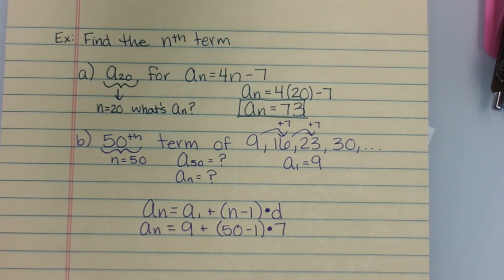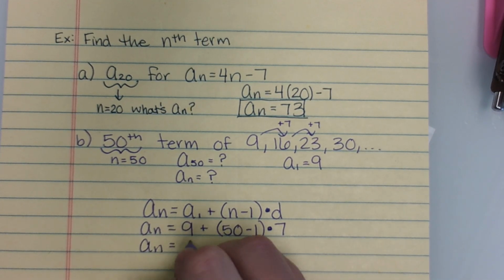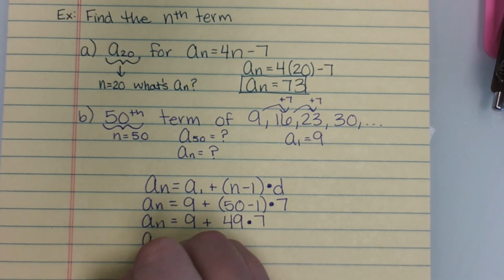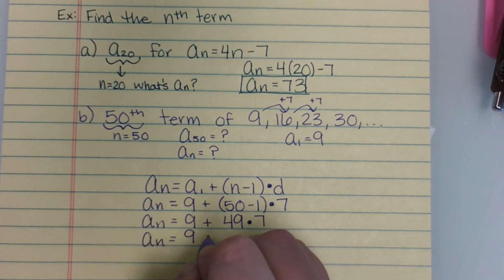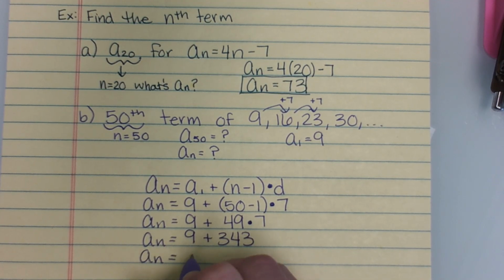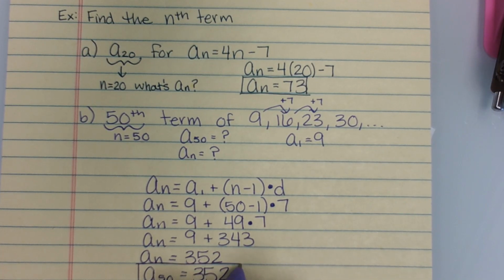Once you have all those things plugged in, can you figure out what a sub n is? Yeah. I do my minus in my parentheses. I do the multiply. And I add. A sub n is 352. Now again, more accurately, it's a sub 50. You leave it a sub n, I'm not upset.